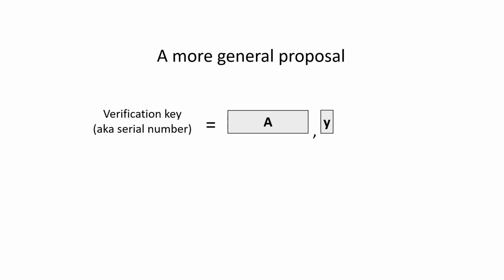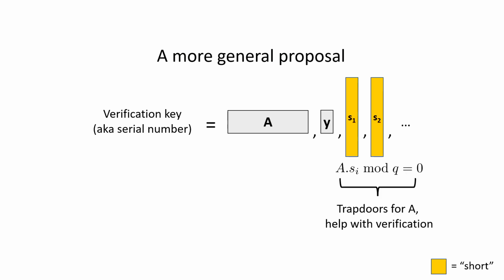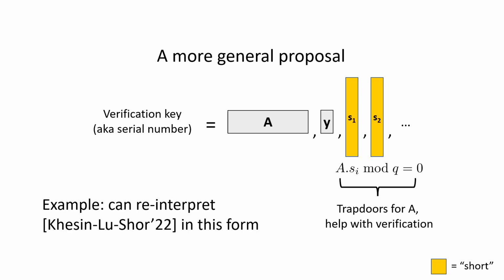A way to do this is by adding trapdoors to the verification key. These trapdoors are just short vectors in the kernel of A. This is a common technique in lattice cryptography, and the hope is that we can use these for verification. For example, the very recent scheme from Khesin, Lu, and Shor can be viewed in this way.